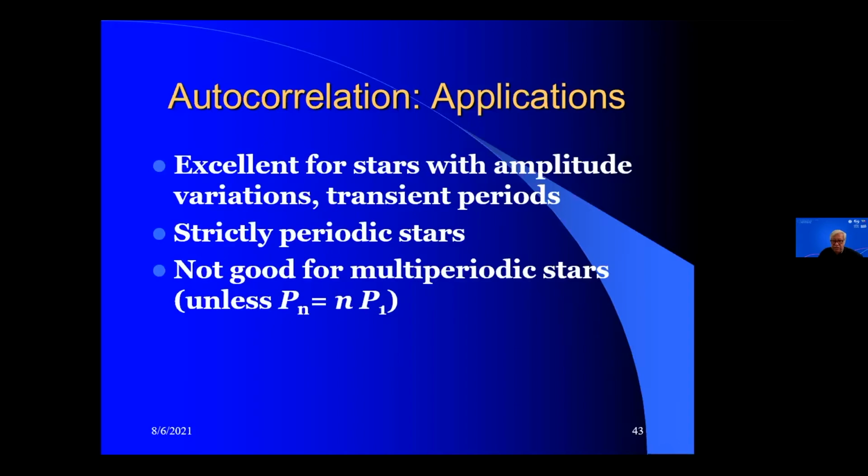So this is usually the tool of choice for those who do survey work. Remember, there are many variable stars found by Kepler and by OGLE, for example, surveys. They are based mostly on this at first, and then followed up by astrophysicists to study in depth by using more suitable tools.